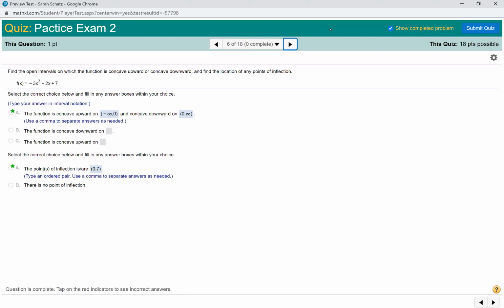All right, so let's look at this one, guys. Notice it's asking about concavity, concave up or down. It wants to know where those things are happening. So it also wants any inflection points. So I need to find these values, which means inflection, concavity, that is all about the second derivative. So here is your original function.